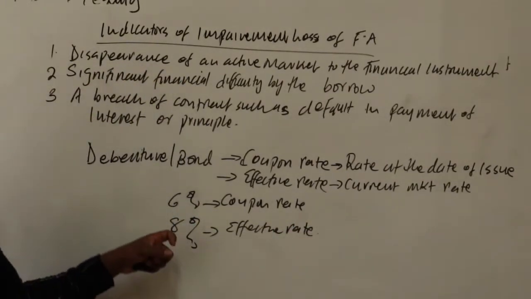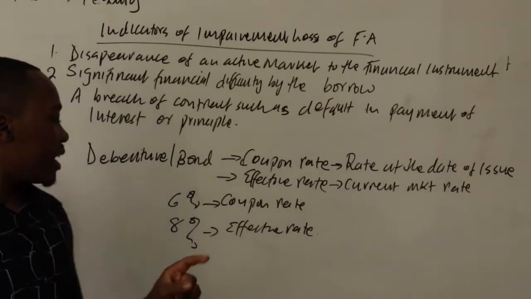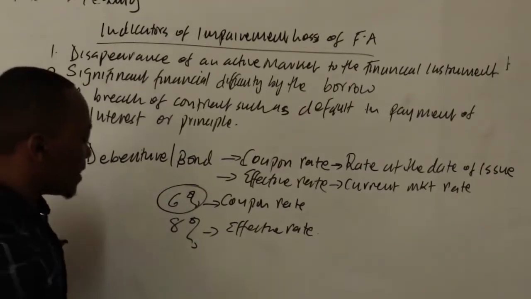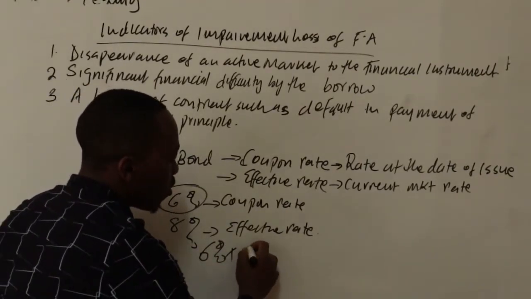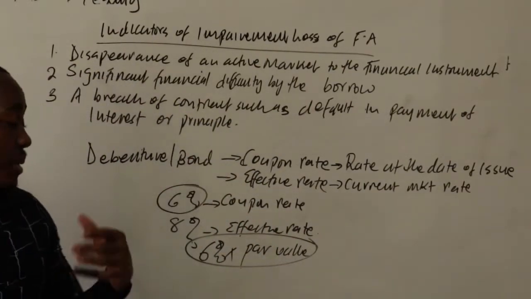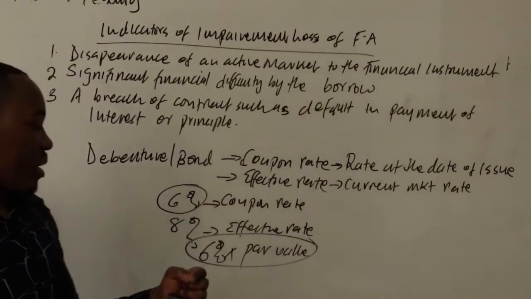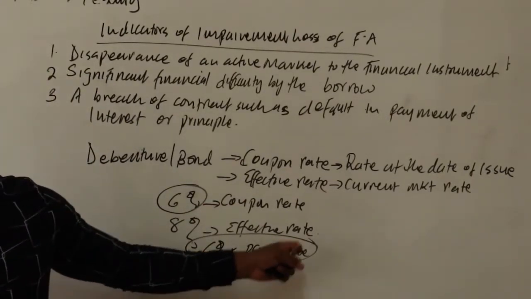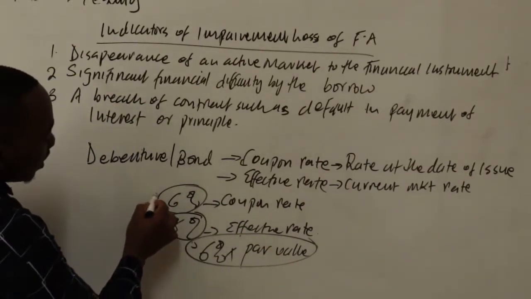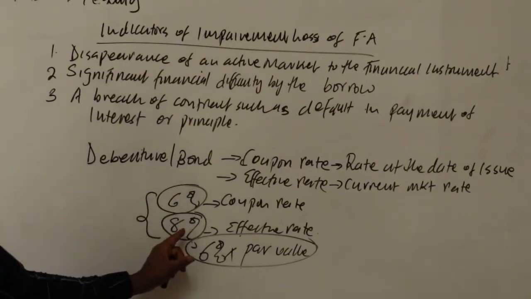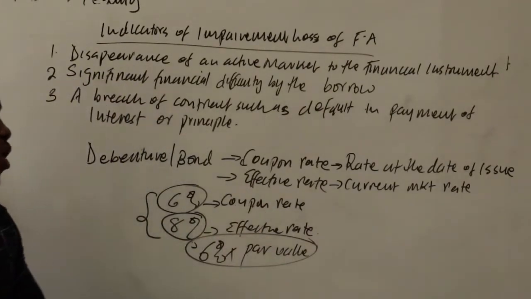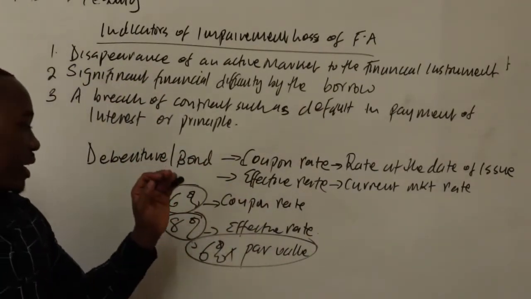The difference is that with the 6%, you are financing the debt, you'll be paying 6% of the principal or the par value. This is what you should either be paying or receiving, depending on whether it's a financial asset or financial liability. Then the 8%, to reconcile the coupon rate and the effective rate, that's when we say that the debt needs to be amortized. And I'll come to show you how we amortize the financial instrument.